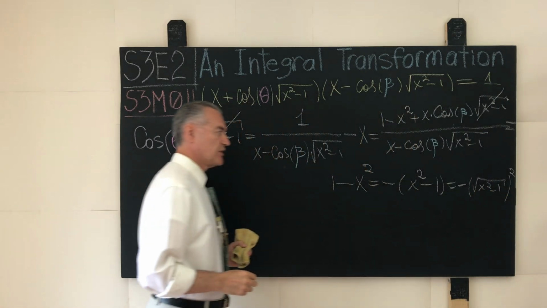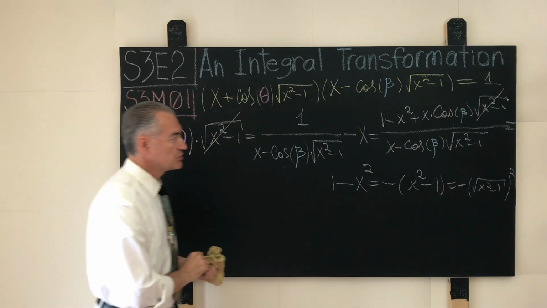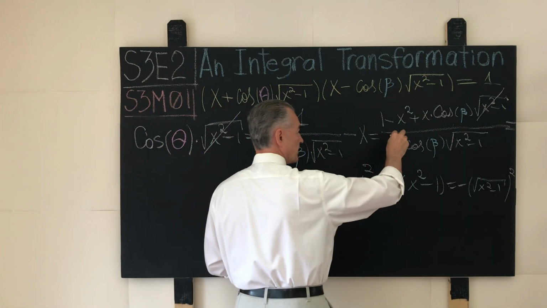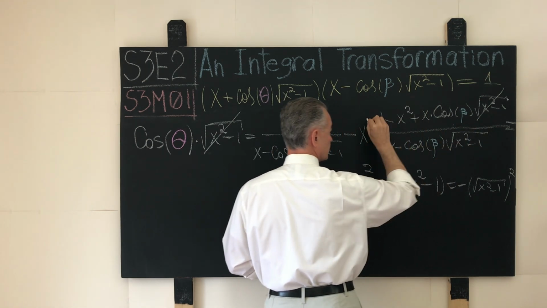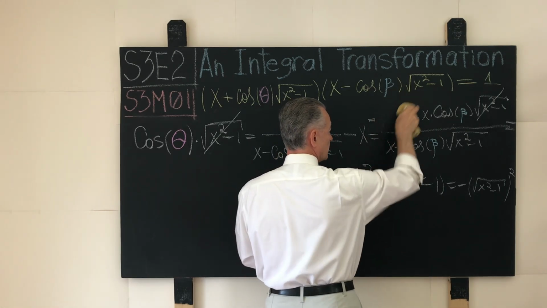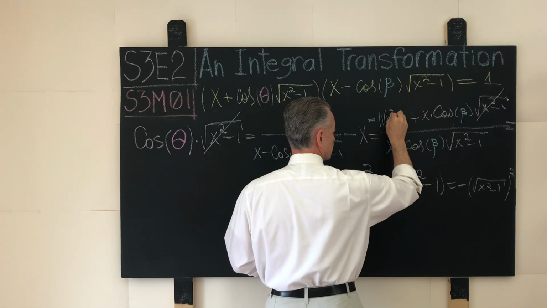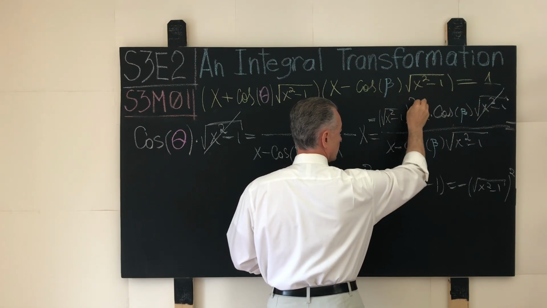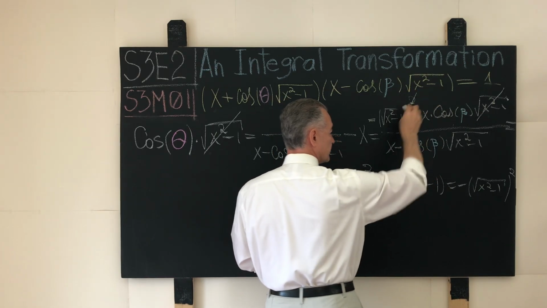Yes, you have no choice but to agree. This is middle school arithmetic. So when we cancel out one copy of the square root of x squared minus 1, we get minus, then there will be the square root of x squared minus 1 squared. What will happen? The 2 will be gone.